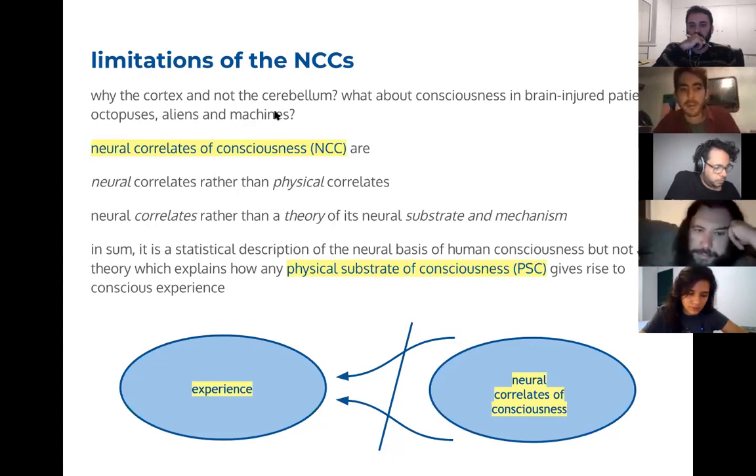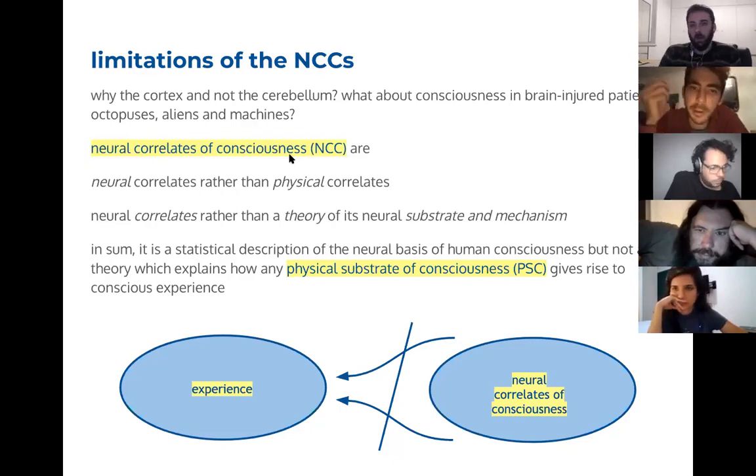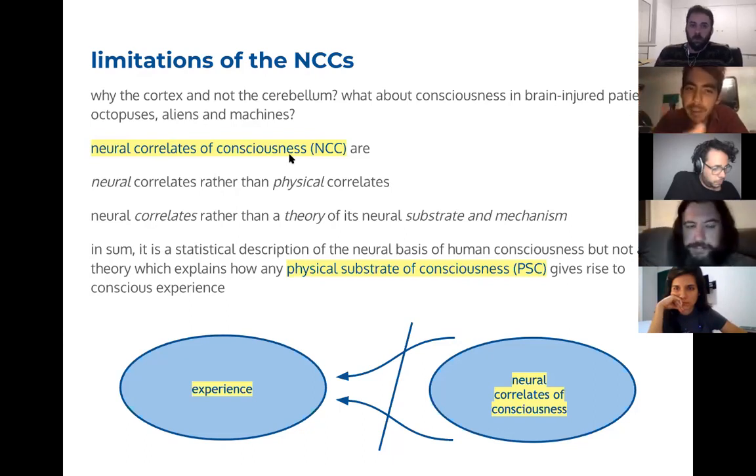Normally we have the cortex as the neural correlate of consciousness, but why not the cerebellum, the region in the back of the brain which receives sensory input, processes it, controls behavior, and has as many neurons as the cortex?